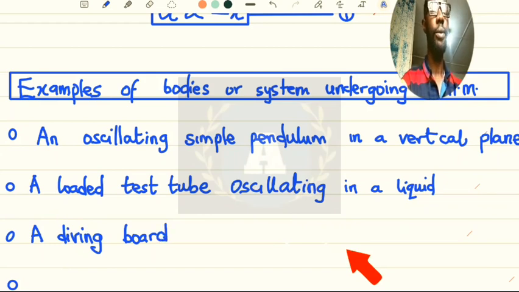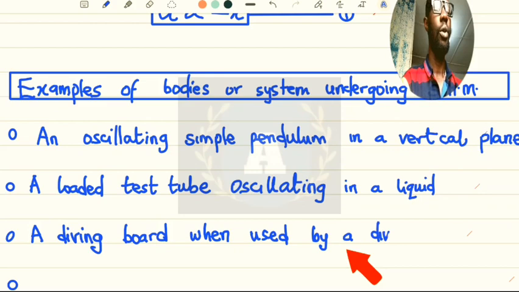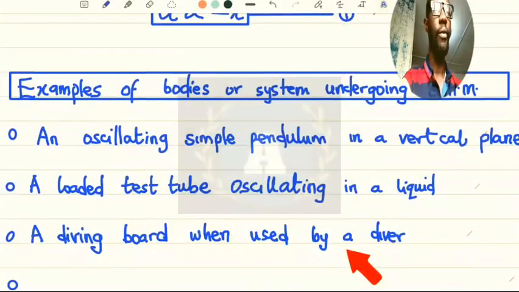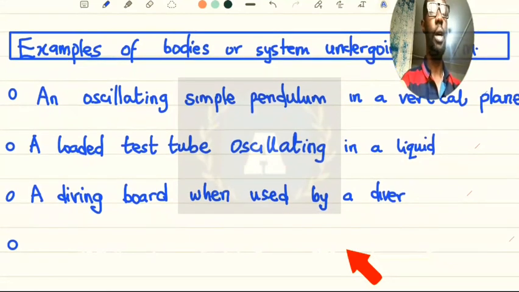Then the next one is a diving board when used by a diver, as you can see. Immediately the diver leaves the diving board and ventures into the water, you see the diving board going up and down, to and fro. So that also shows another example of simple harmonic motion.